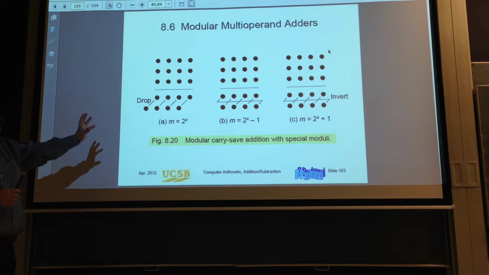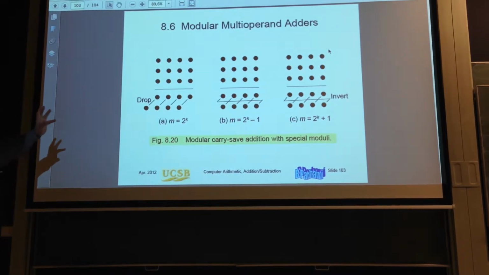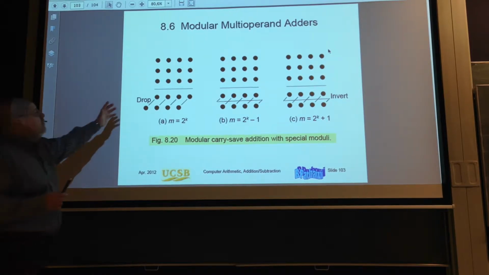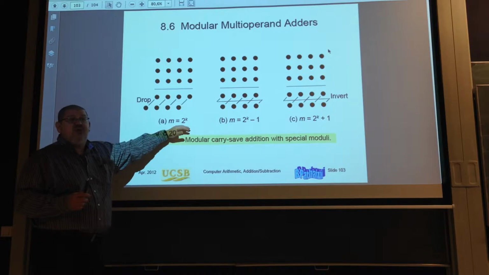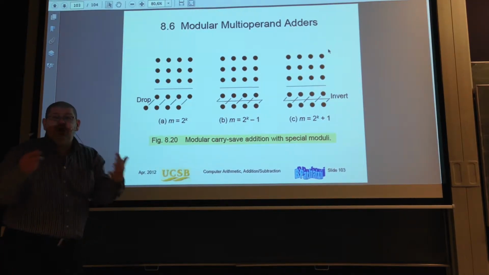Now, this is a kind of recap because we discussed it. This is about how you do modular multi-operand addition. You apply the same techniques that you know from modular addition. If you do multi-operand addition modulo 2 to the power k, you just do it as normal.